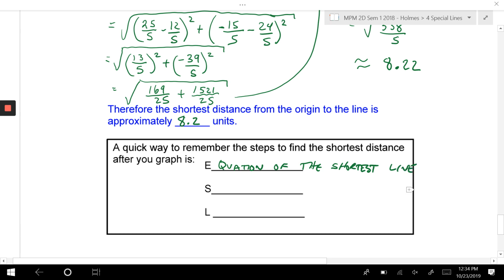So to find that equation, then we solve the system for the point of intersection. And then finally, we calculate the length of the line. You need that big picture idea in order to be able to solve any of these problems.